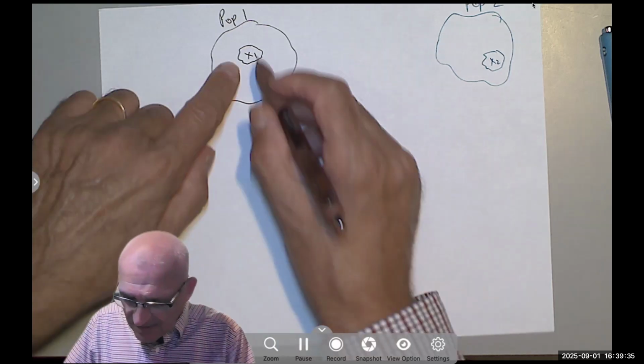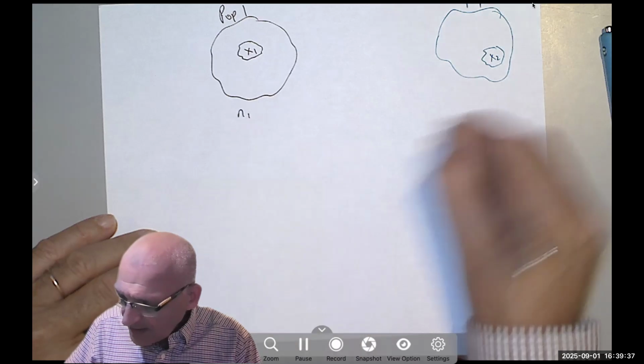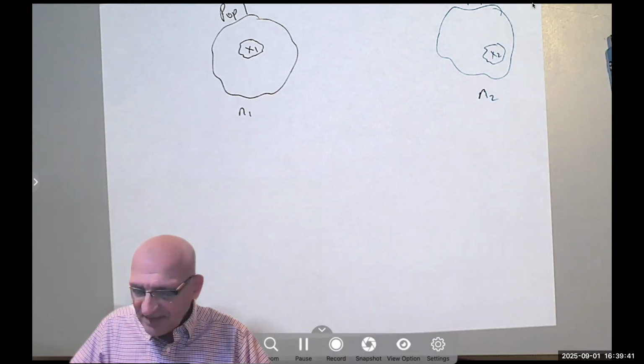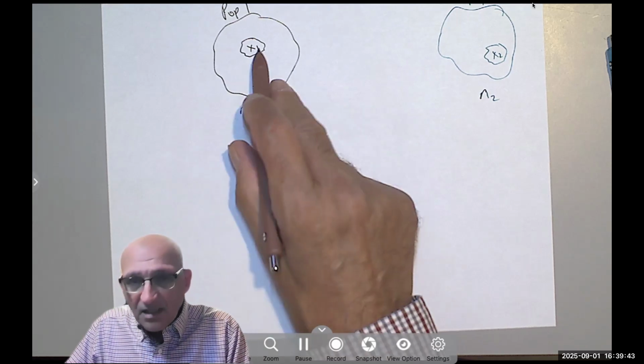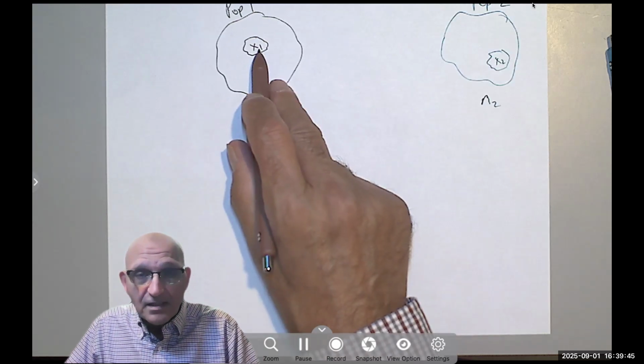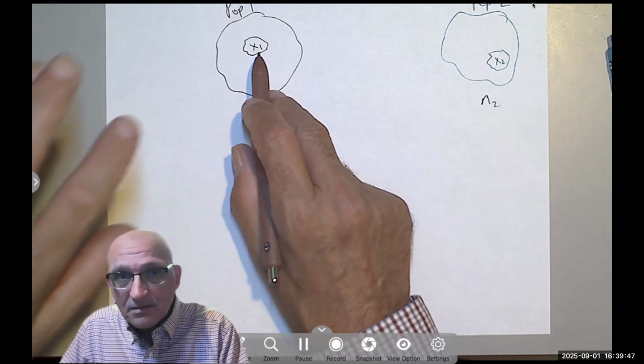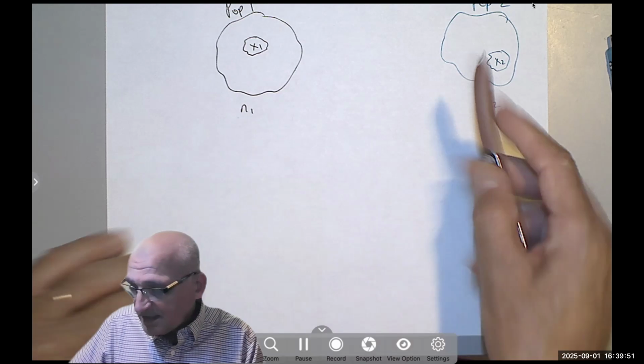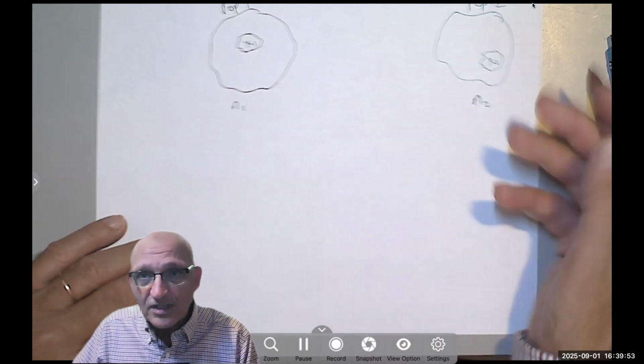So I'm going to select a sample of size n1 and n2 from here and found that x1 of these are inside the event I want to estimate, and x2 is the same for population 2.